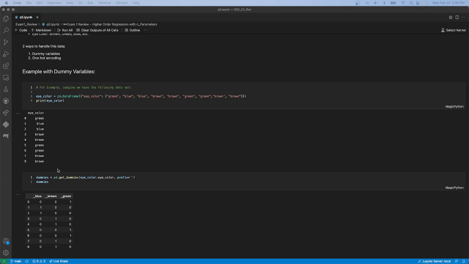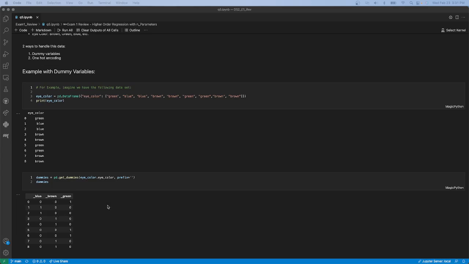And that's representing essentially the position that these green eyes held in the old list, for example, and then it represents there were 3 of them. So it's describing this green input feature just in its own column.